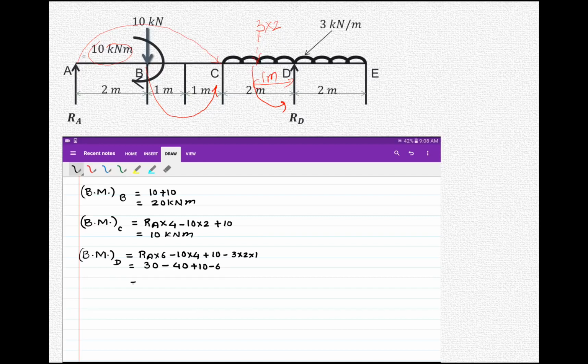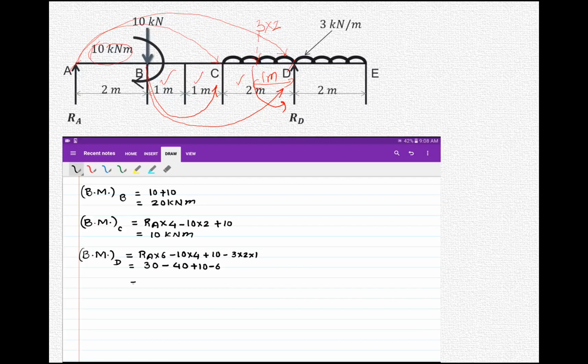So Ra will produce clockwise moment about this D. So from A up to D the perpendicular distance is 6. This 10 kilonewton will produce anti-clockwise moment, so that is negative. So 10 into 4, that is 1 plus 1 plus 2, that total will be 4.